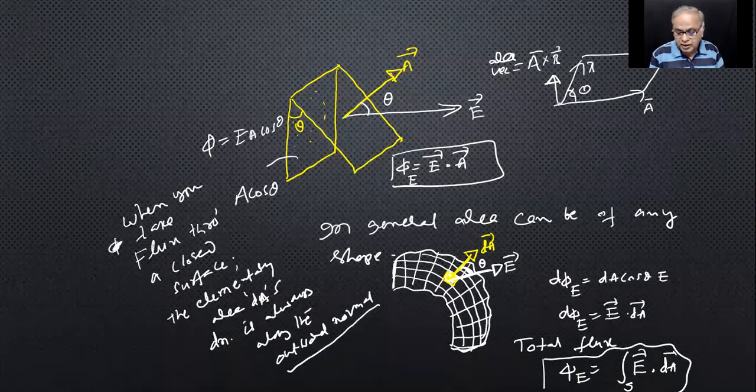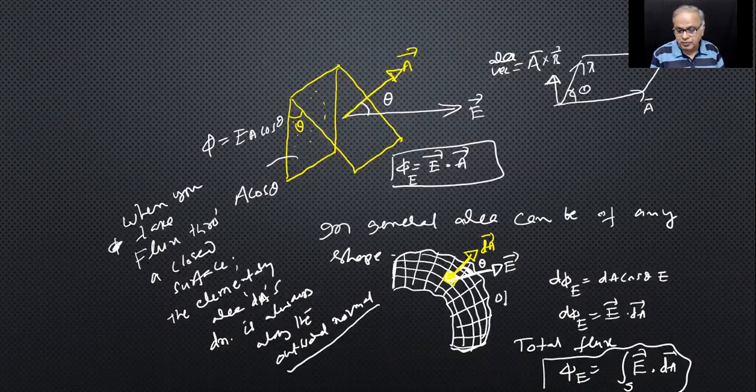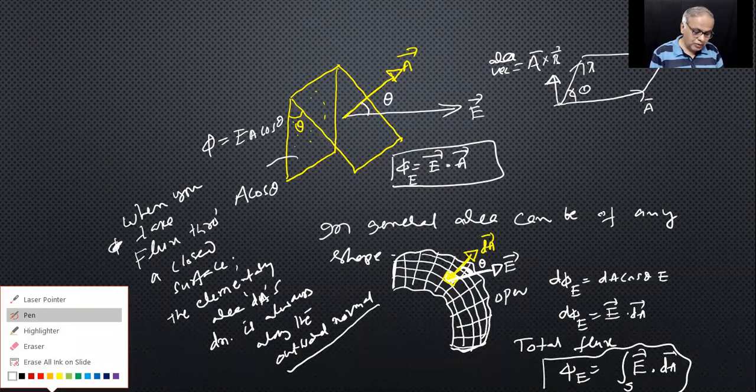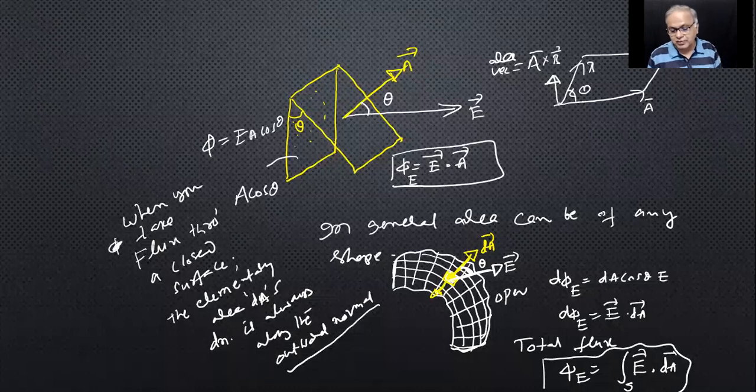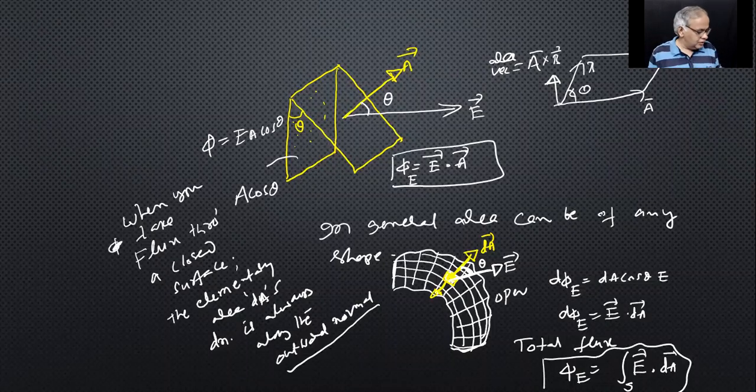Here, I could have taken dA this side also, actually speaking. This is an open surface. So in that case, I could have taken dA even below, this way also. It doesn't matter because which is outward is not a well-defined thing. If I take dA this way, I'll get the flux positive. If I take dA this way, I'll get the flux negative. So for an open surface, there's no way you can define which is positive, which is negative.